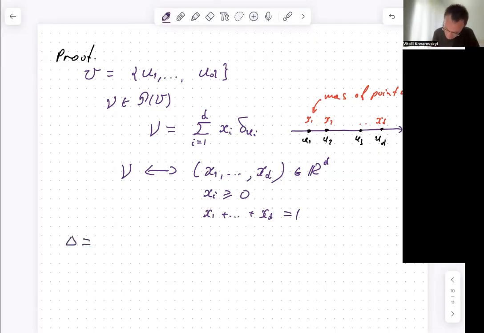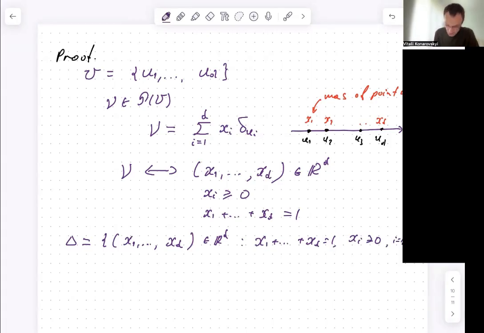We want to consider the space of all such x: x1 and so on up to xd from Rd, such that x1 plus and so on plus xd is equal to 1, and all xi are non-negative, for i from 1 to d.